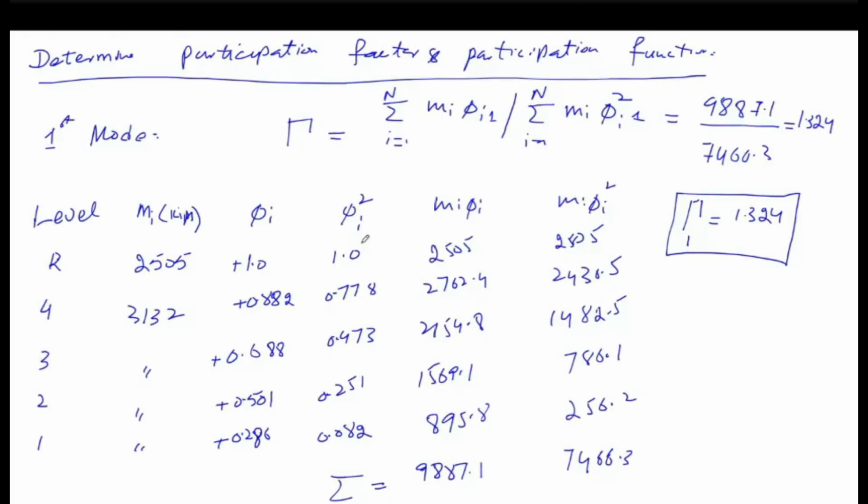Now we have to calculate also the participation function. The participation function we know is given as the gamma factor multiplied by the phi factor for that particular mode.